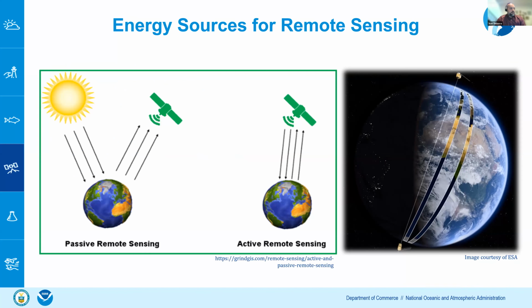So we use both types of available remote sensing, the passive and active. The passive remote sensors collect solar energy reflected by the Earth's surface. For oil spill monitoring, we mainly use the reflected visible and infrared wavelengths.